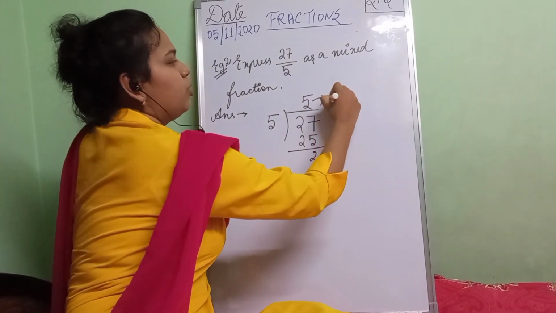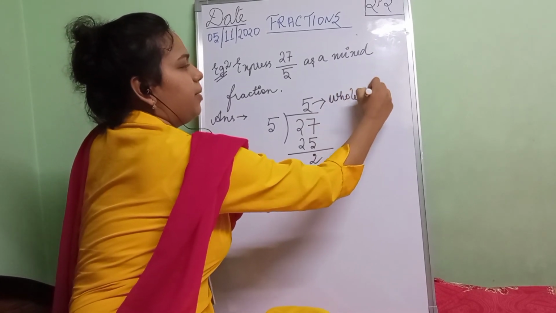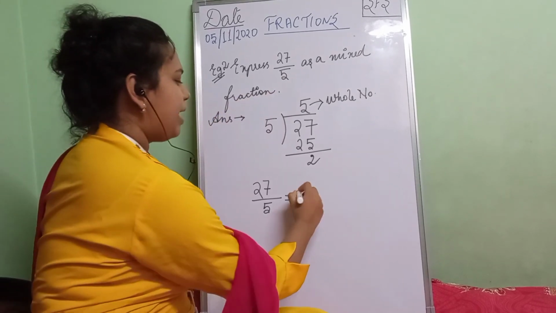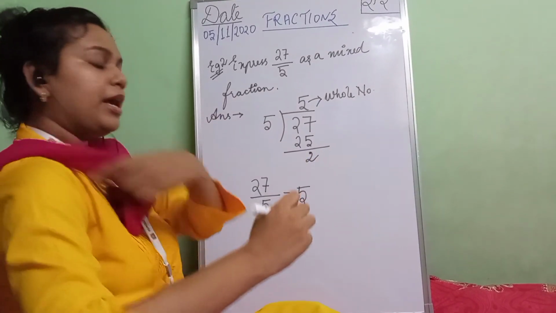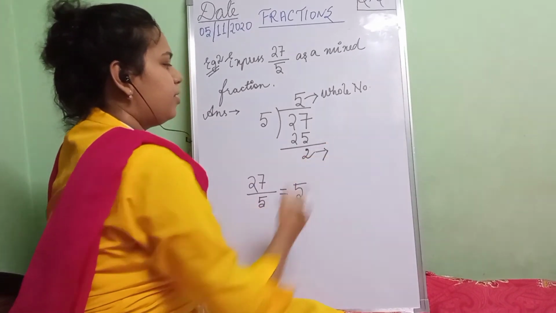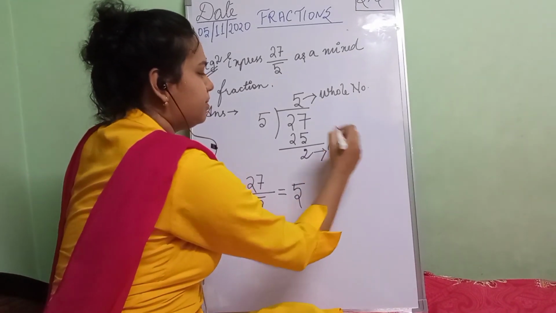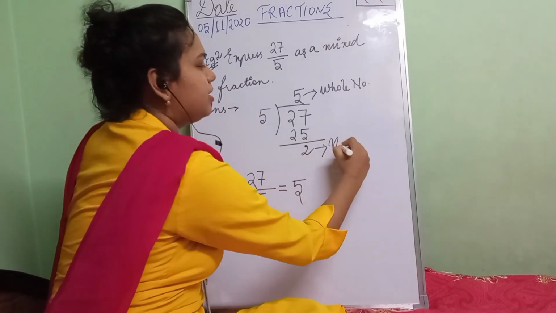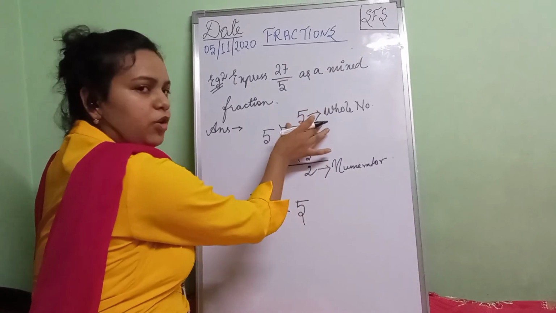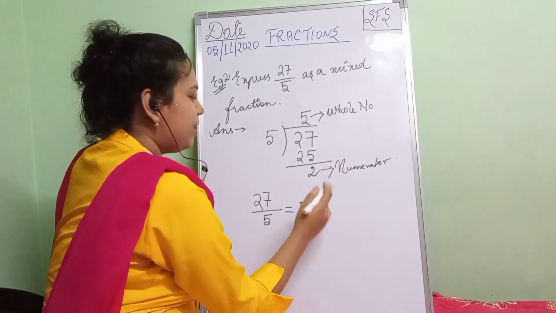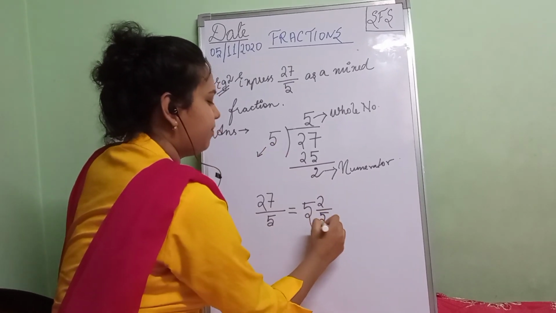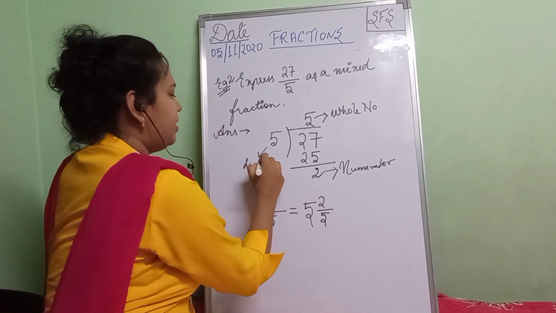The quotient will be the whole number. So you write 5 at first. And what will be the numerator of your proper fraction? The remainder is the numerator. So 5 will remain as it is, and the fraction will be 2 by 5. 5 is your denominator.